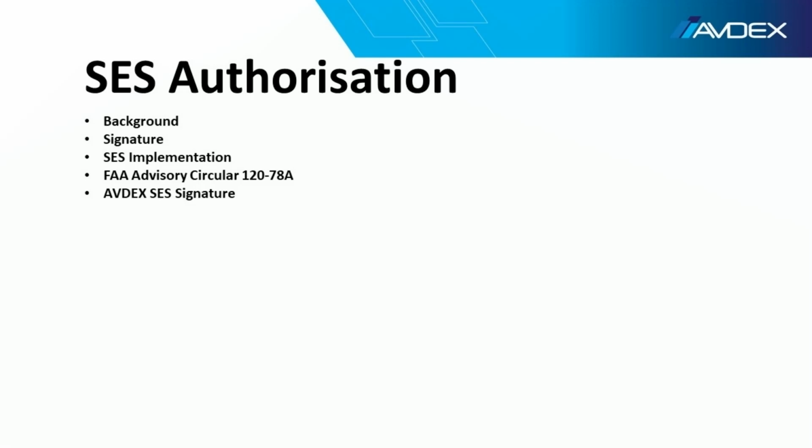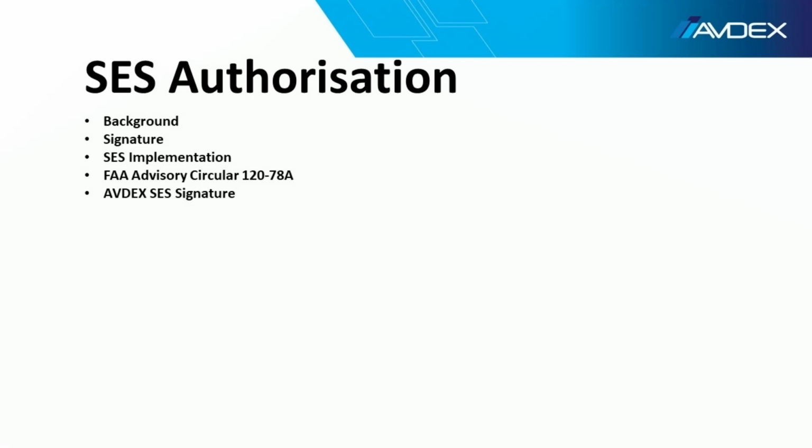Refer to FAA Advisory Circular 120-78A, Electronic Signatures, Electronic Record Keeping, and Electronic Manuals. CASA Australia Advisory Circular AC 11-3, Electronically Formatted Certifications, Records and Management Systems.